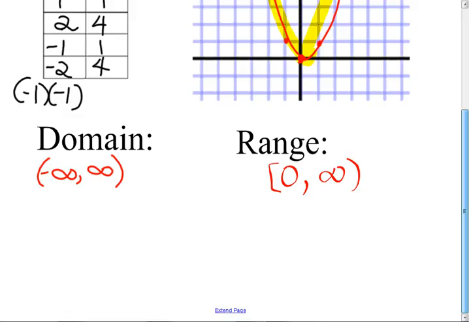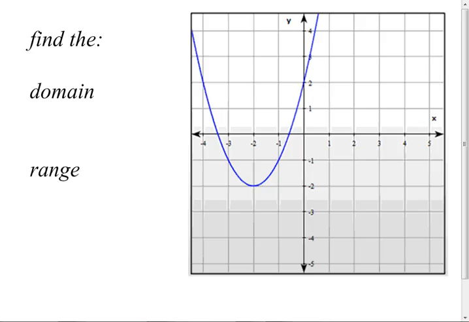Okay, and I can't use Reflector on my quick graph. Okay, let's look at that one. What's the domain? The domain's the easy one. What are the x values? Negative infinity to positive infinity. There's no restriction. You can put anything into that parabola. What comes out? What are the y values?